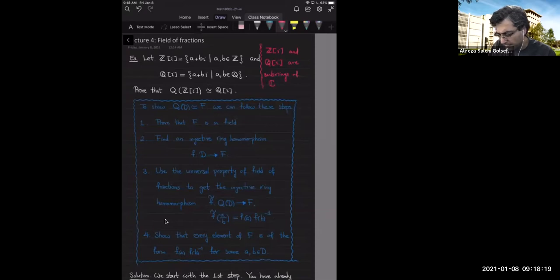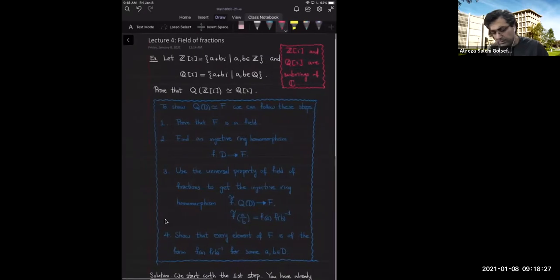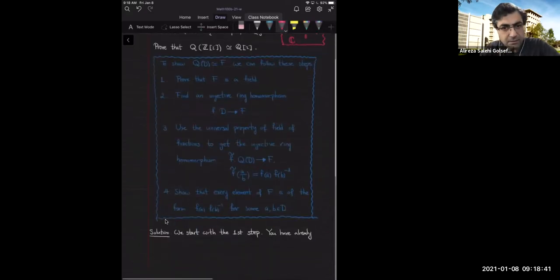Now in this question, we want to focus on why the field of fractions of Z bracket i is isomorphic to Q bracket i. I will give you a general method of showing that the field of fractions of a given integral domain is isomorphic to another ring F. So the steps are of the following form.